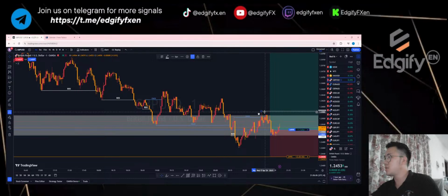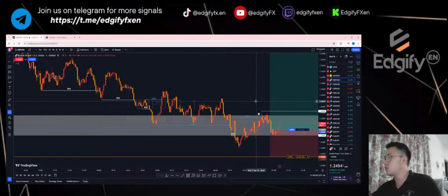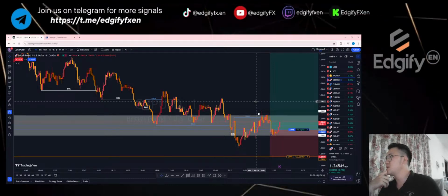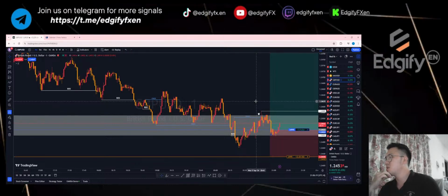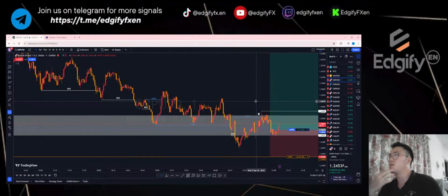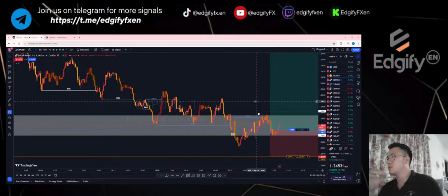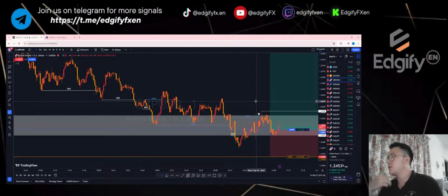When the price taps here, that's where I will look to break even, which means putting my stop loss slightly above my entry price, so that if the price reverses, I won't get stopped out. I will be taking that kind of measure.